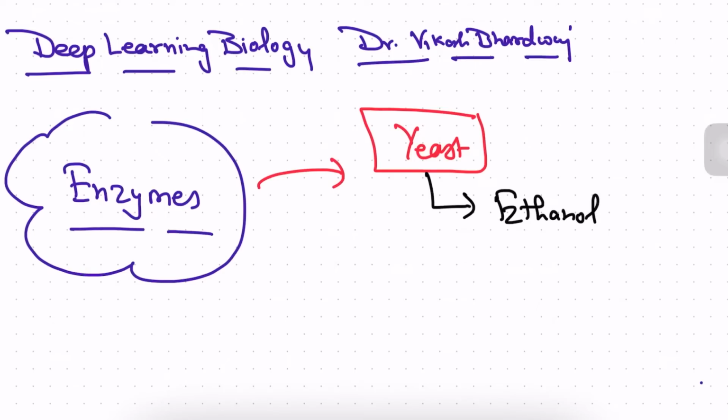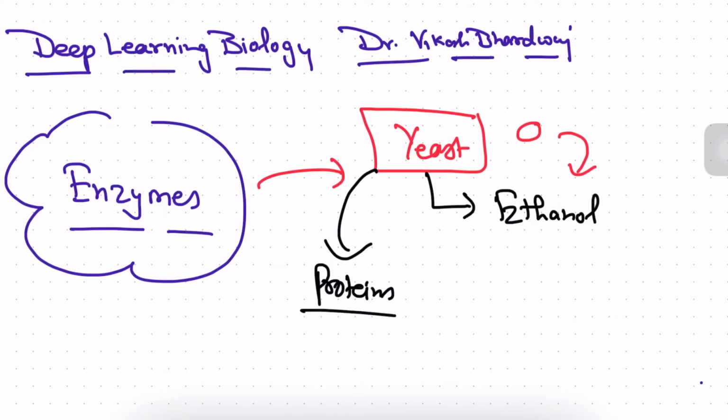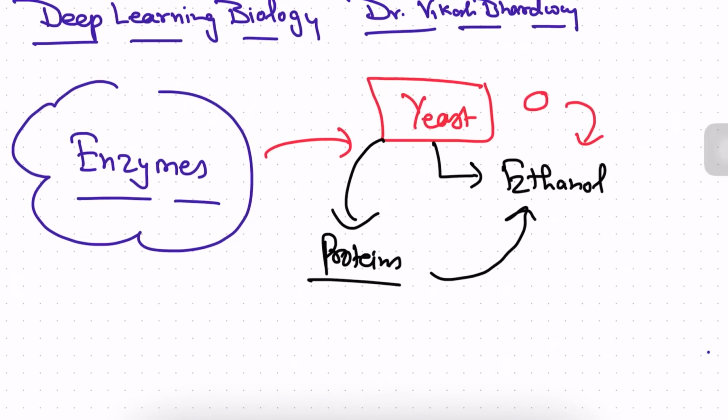Earlier scientists used to believe that only by using the complete yeast can you produce ethanol. But later, scientists isolated from the yeast proteins which can catalyze the production of ethanol.